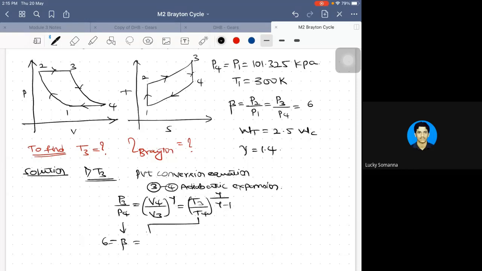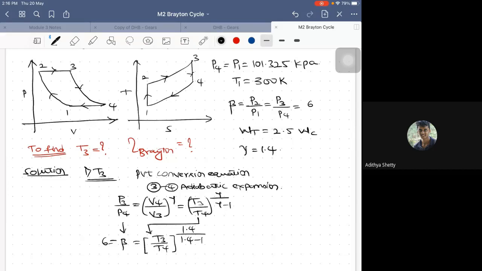Do I know the value of T4? No. Do I know the value of T4? No, sir. Then how do I find it? Two unknowns cannot be found. Agreed with my statement?